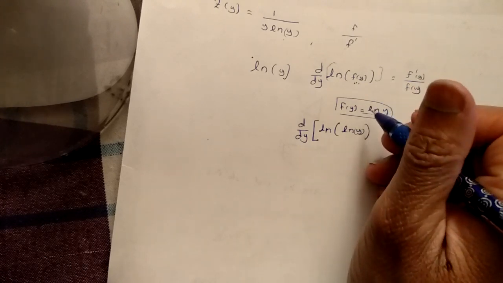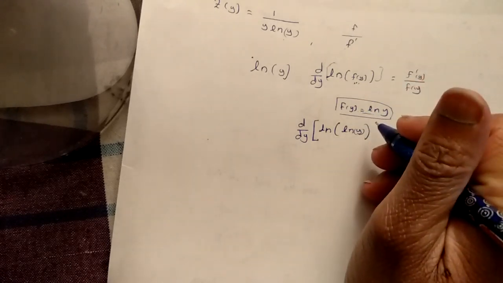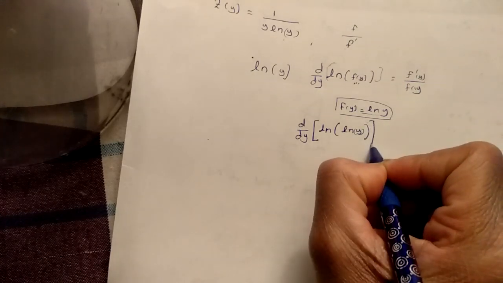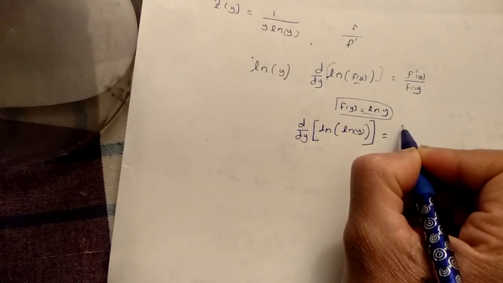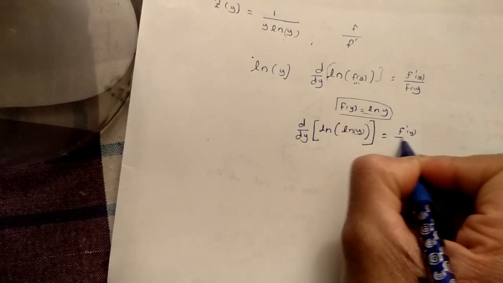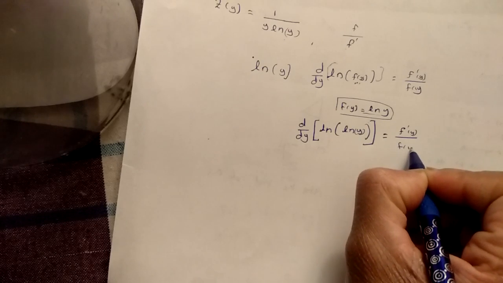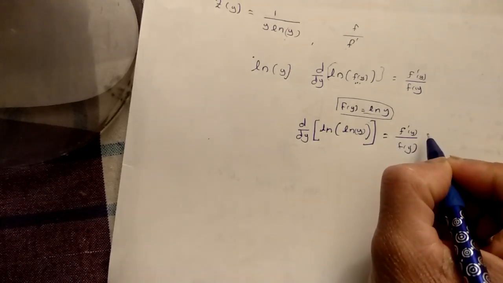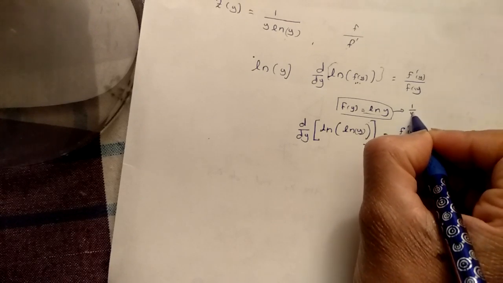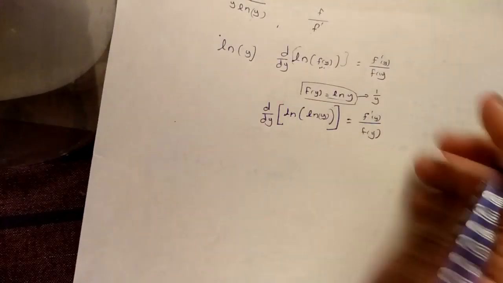So instead of f(y), I am writing ln y. Then according to the derivative rule, we will get f prime of y divided by f(y). And what is f prime of y? That is 1 over y. The derivative of ln y is 1 over y.